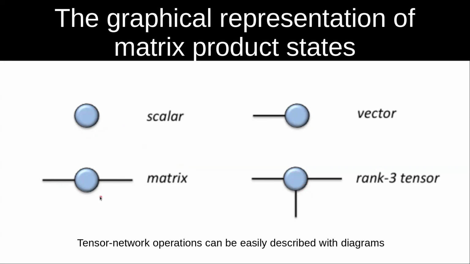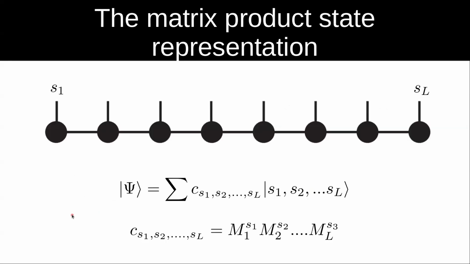So for example, if we make a product of a matrix times a vector, we are essentially putting this leg together with this one and ending up with something that has a single leg. And of course, matrix times vector gives rise to another vector. So this graphical representation is a very convenient way of writing all these algebraic operations.